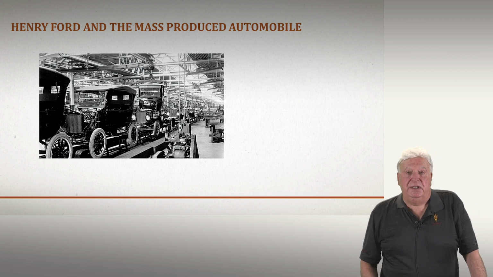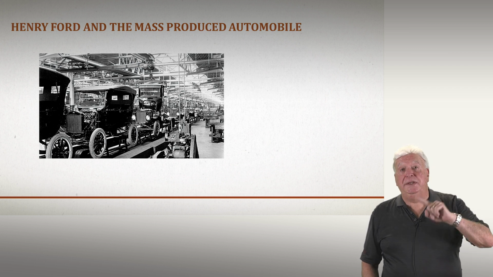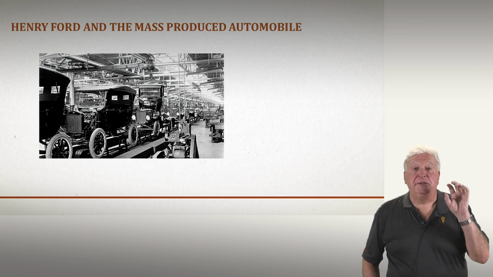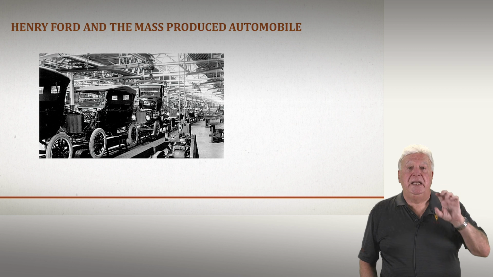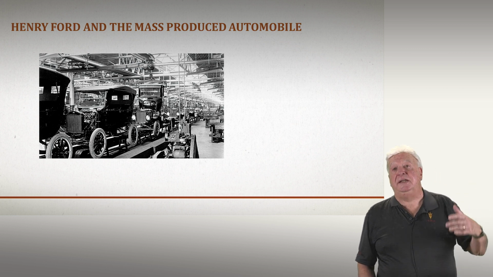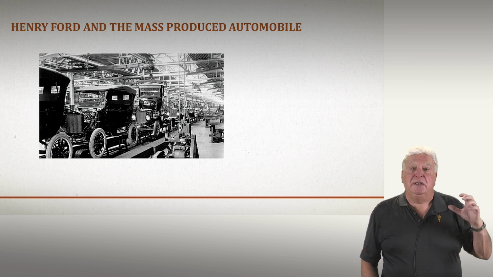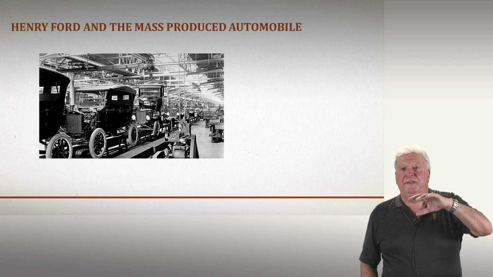Assembly line production enabled Ford to replace skilled workers with unskilled workers who had a specific task to perform in the assembly process. Remember when we were talking about muskets and Eli Whitney and that sort of thing? Well, this is the outgrowth of that.